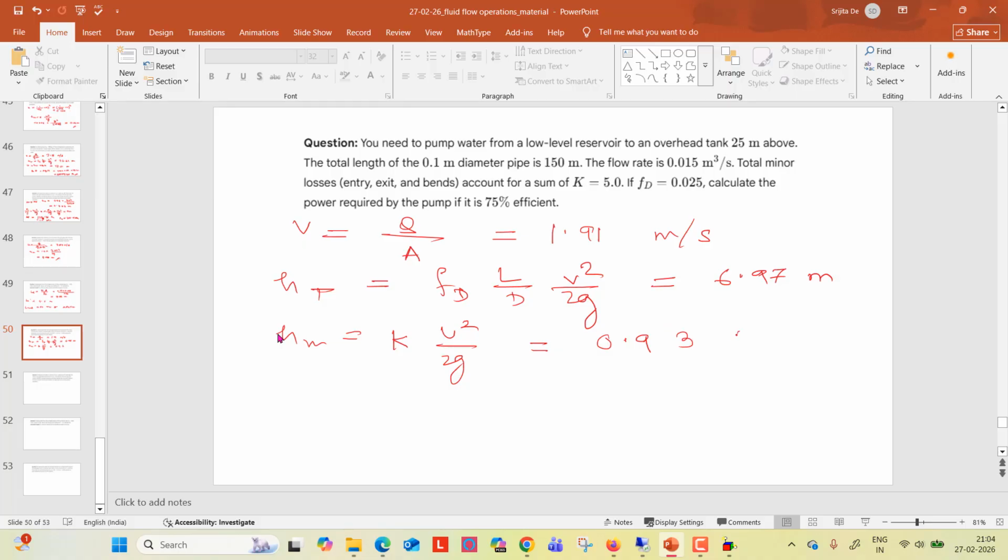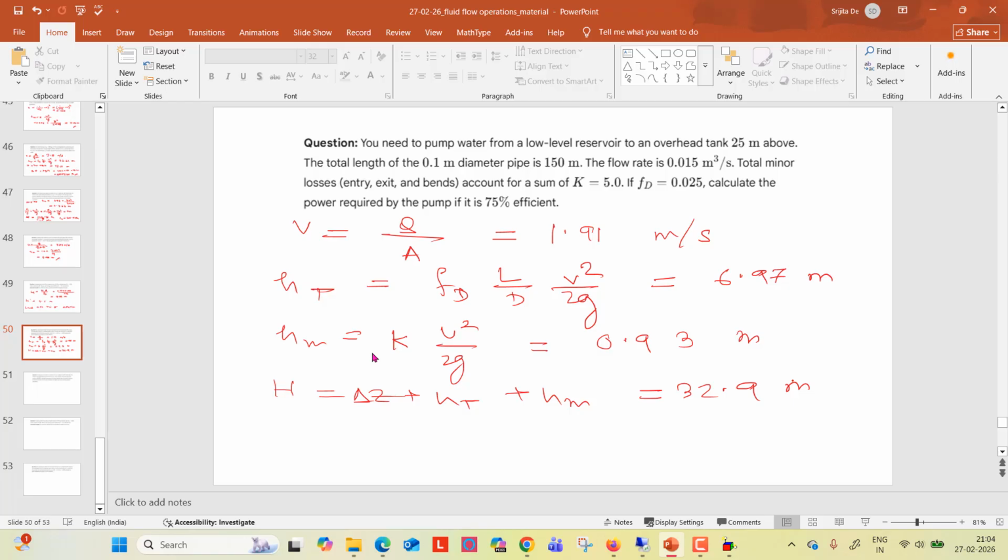Okay. So total head will be the static head, that is the delta Z, plus H major and H minor. It will be total 32.9 meter. Please tell me if the calculations are okay or not, and if you find it wrong, then do it by yourself. Okay.